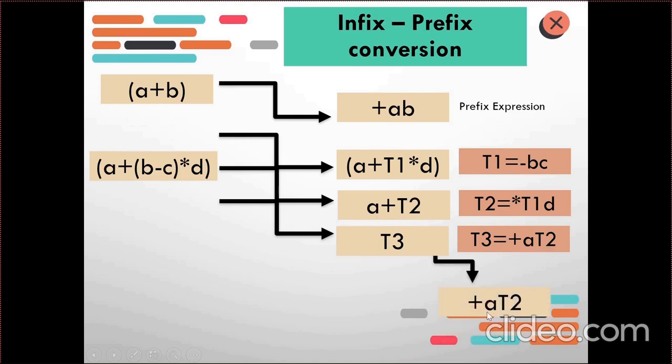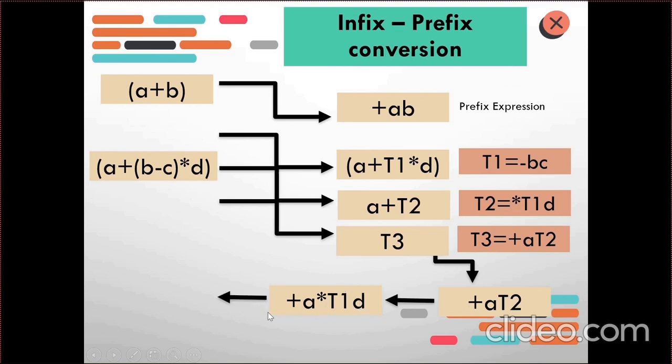Now going for the back substitution. We'll be starting with t3, which is plus a t2, right? Then plus a would remain as they were, in this case plus a here, but instead of t2 you will be writing asterisk t1 d. So asterisk t1 d, right?